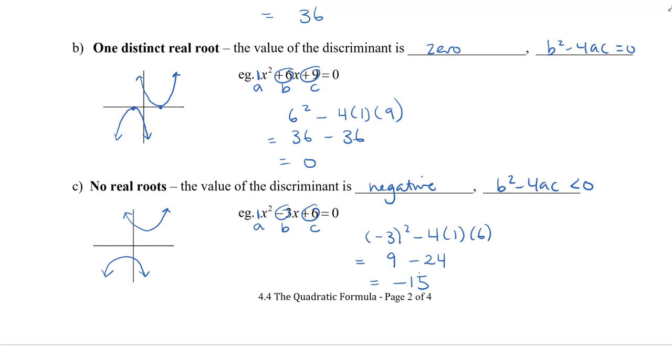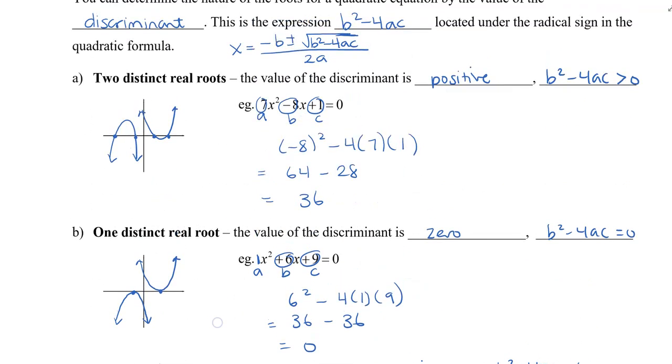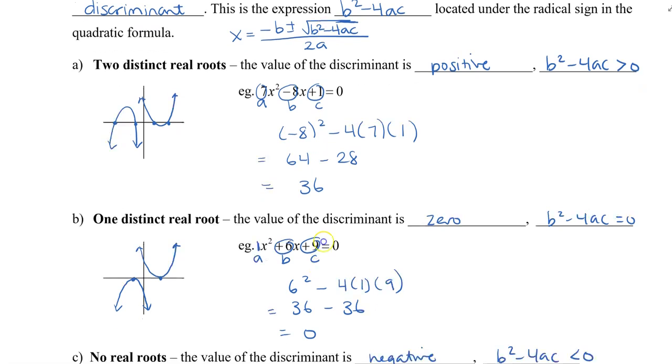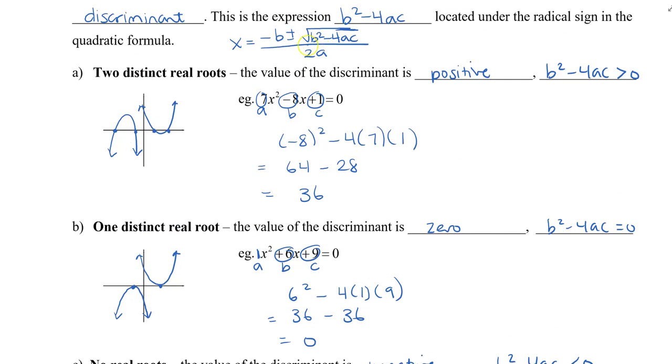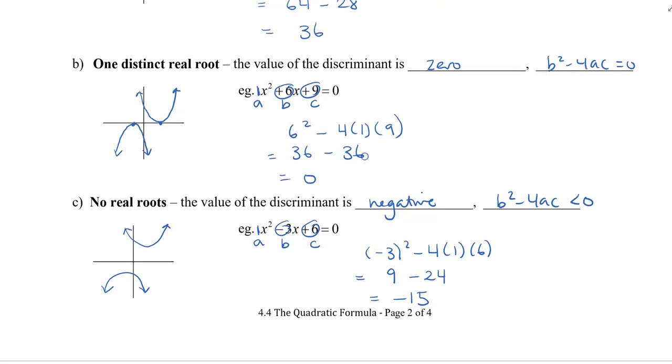So that means that inside this radical, I have a negative number. But we know that we can't take the square root of a negative number, and hence there is no solution. So there are no real roots. When we have a negative inside the radical, these are actually imaginary numbers. And there you have it.